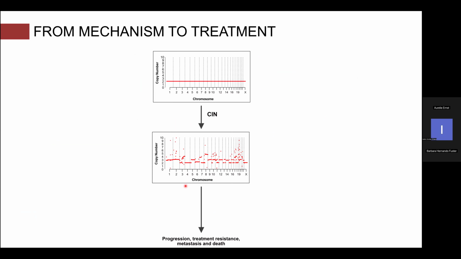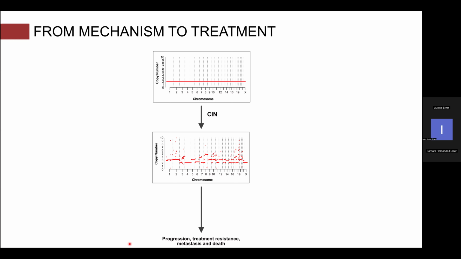And this is because if we understand the mechanisms driving this evolution, we can, in a way, limit the progression, the treatment resistance, the metastasis, and ultimately the death of those patients.